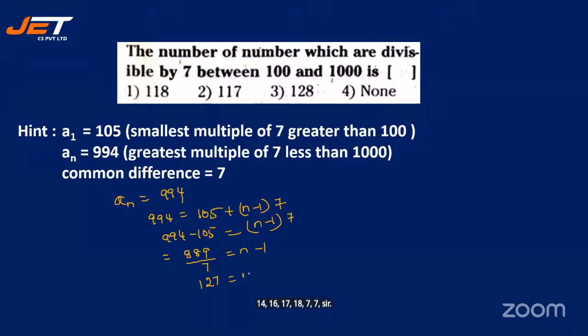So 127 is equal to N minus 1, which implies N is equal to 128. So your answer must be option 3. Right? So hope you all have got the correct answers.